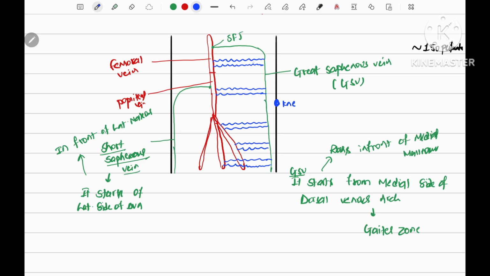One is named the anterior perforator. The second one is the above knee perforator. And one is the below knee perforator.